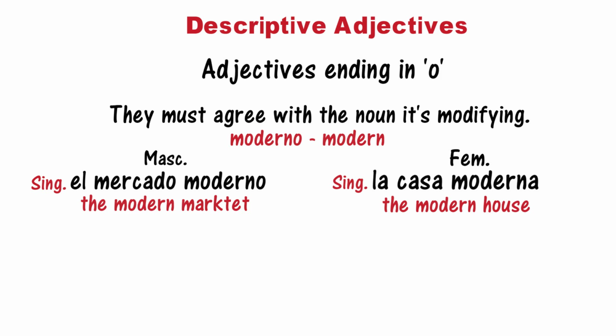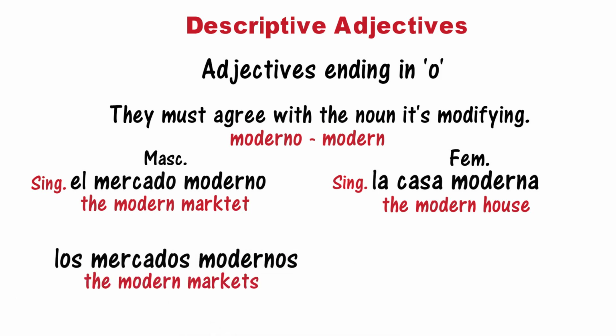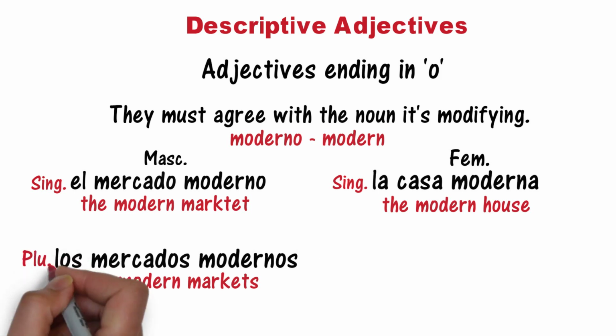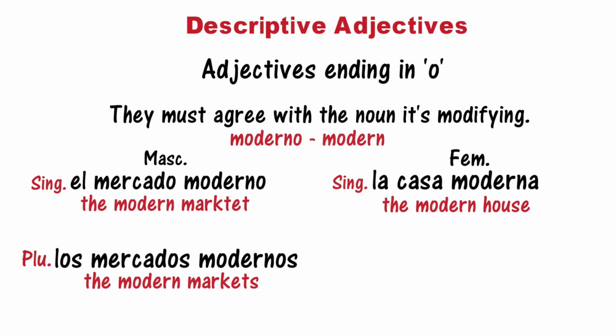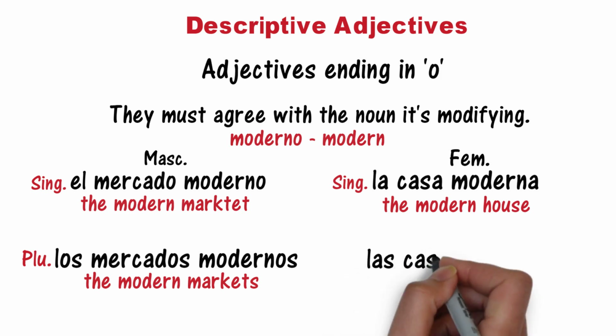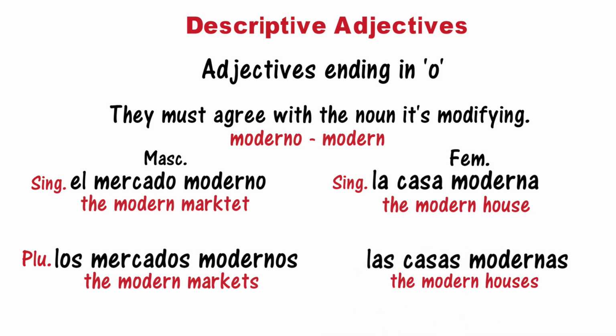Now let's look at this as well. Los mercados modernos. Mercado becomes plural, so we have los mercados, and then the adjective too becomes plural, so we have los mercados modernos, and then las casas modernas.